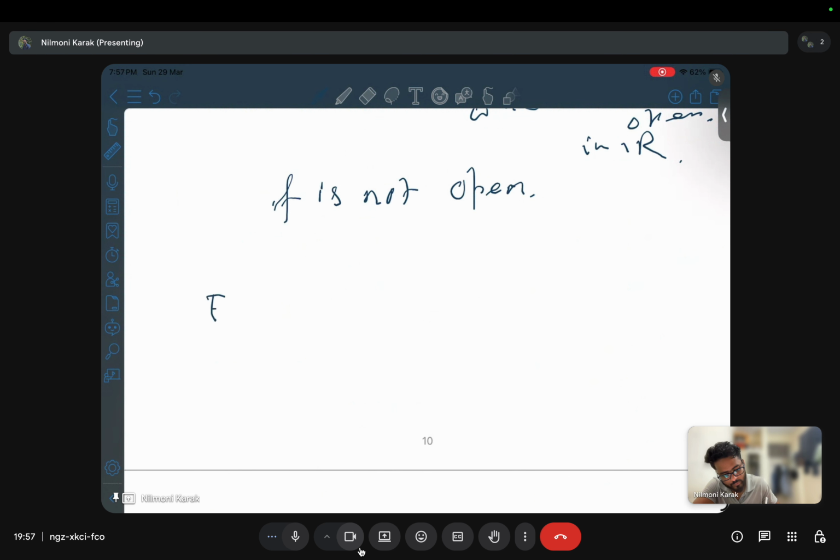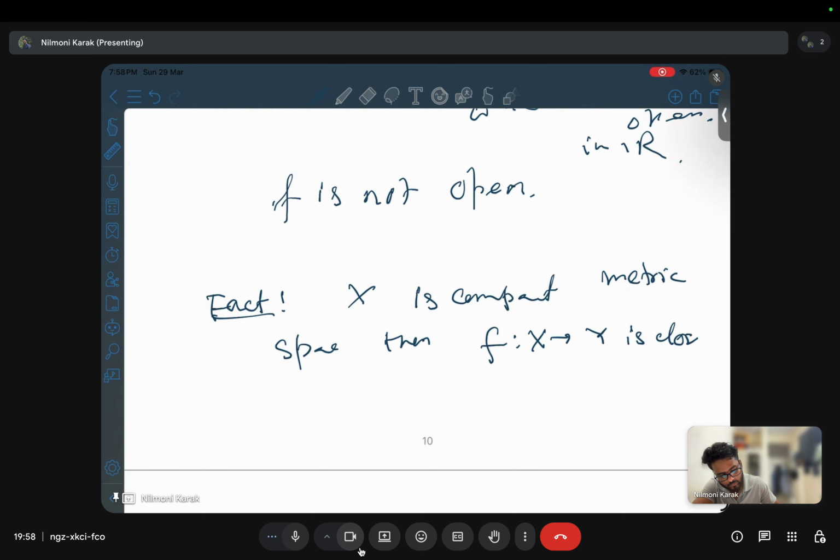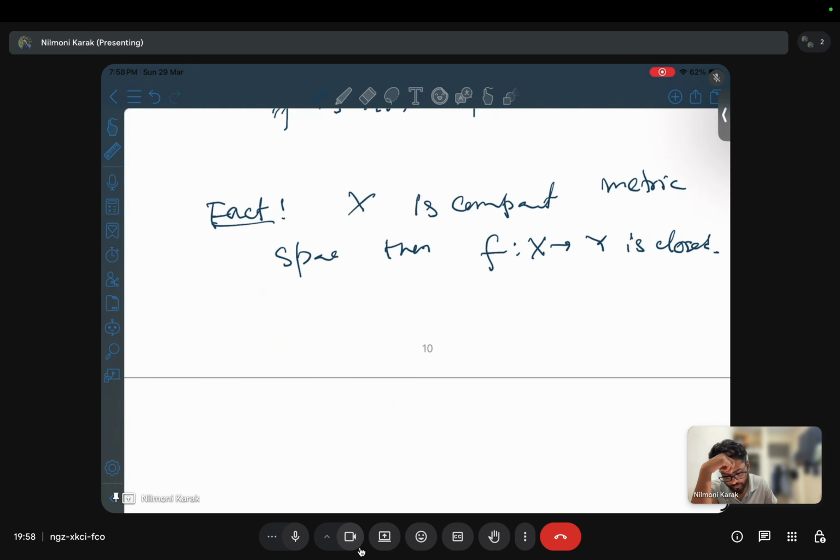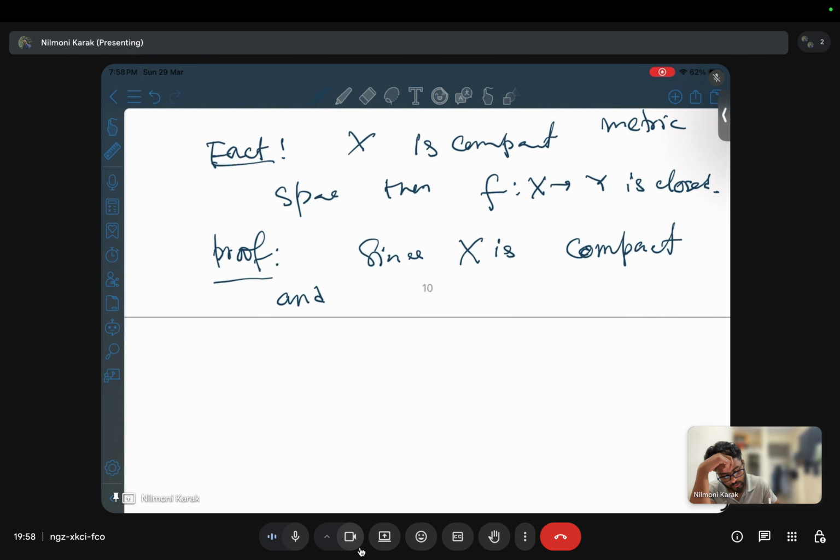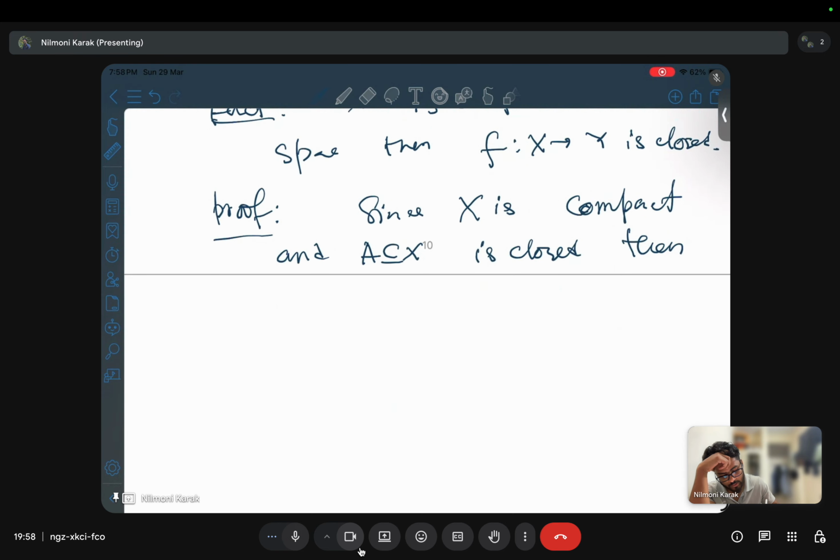Let us try to prove it. Since X is compact and a subset of X is closed, then A is compact.